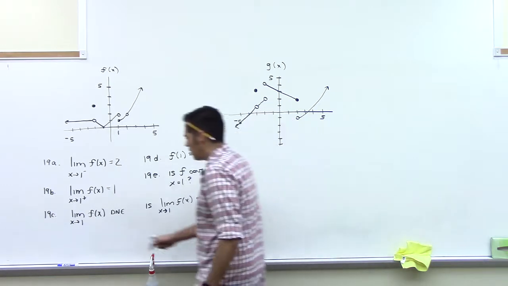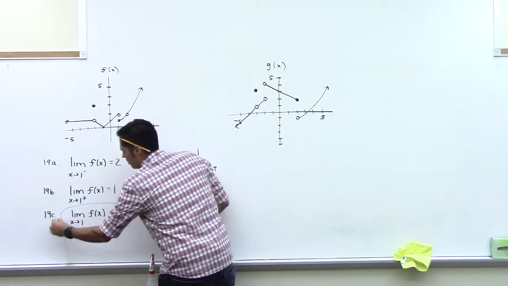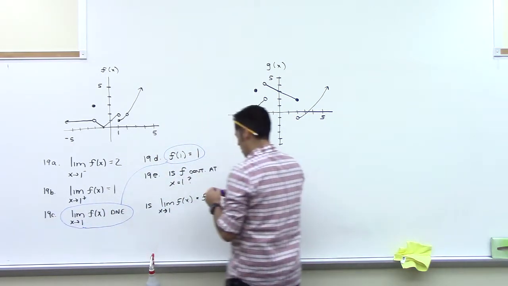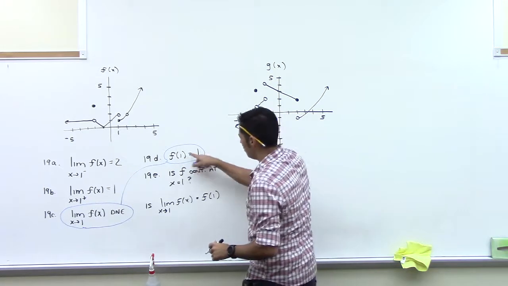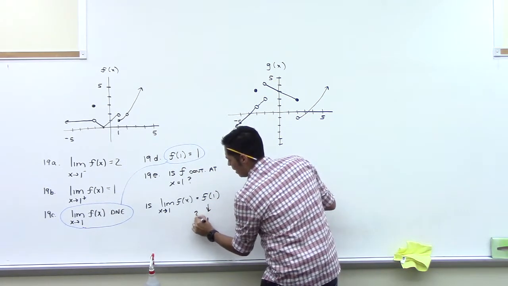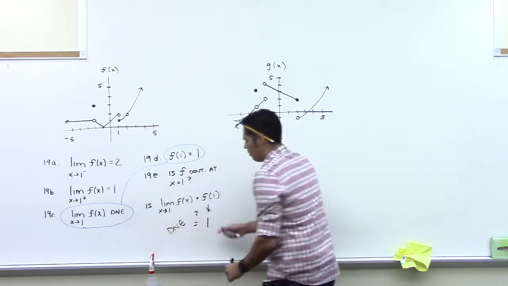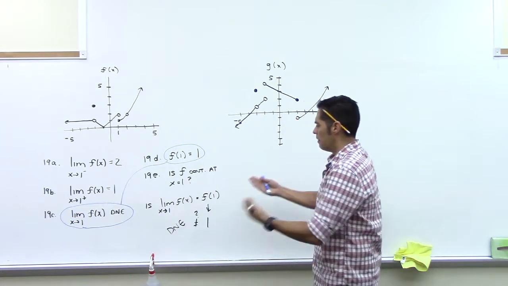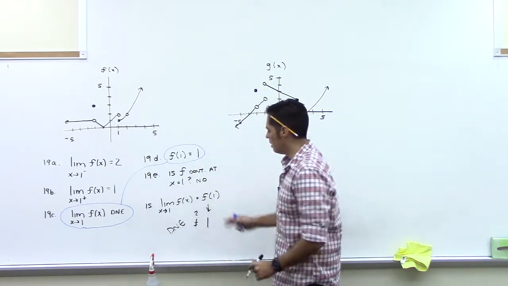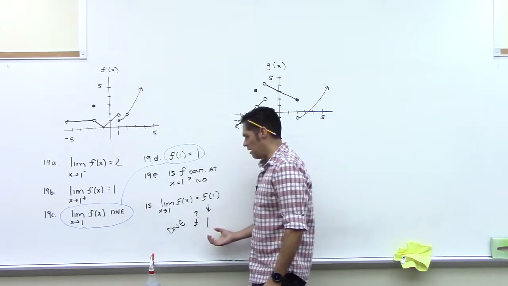In other words, is this limit from both sides equal to the function's value there? Well, we know that the function's value is 1. So we're asking, is that equal to the limit? But the limit doesn't exist. Therefore, they can't possibly be equal, and therefore it is not continuous. So no. It is not continuous because the limit does not equal the function's value there.